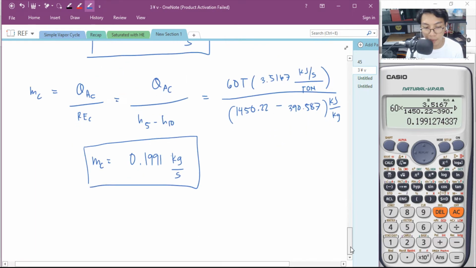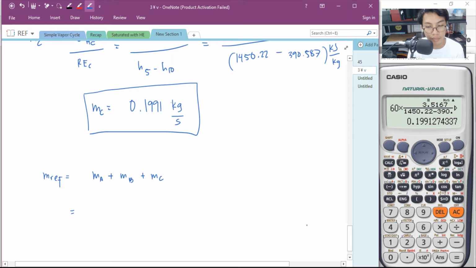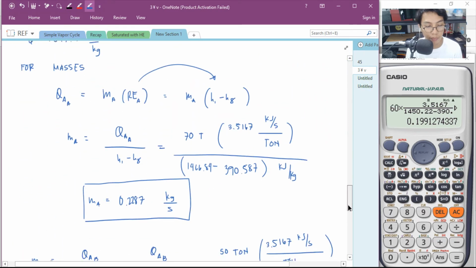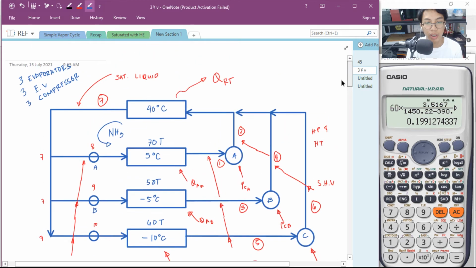Now, for mref, kung makikita nyo, mref is equal to MA plus MB plus MC. Total na yan. Papasok yan dito eh. Okay? Tignan nyo na lang yung diagram.